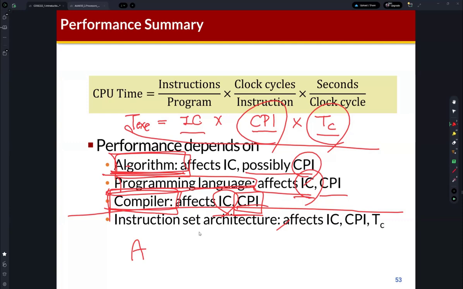If you are familiar with GCC, the GNU C compiler, GCC has many different compilation options, like different optimization levels.